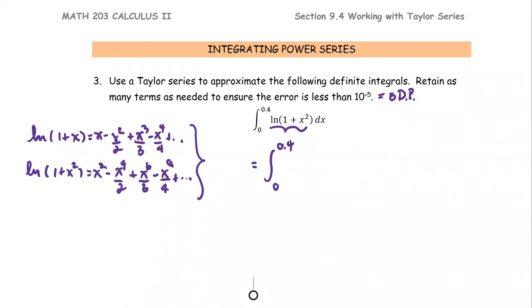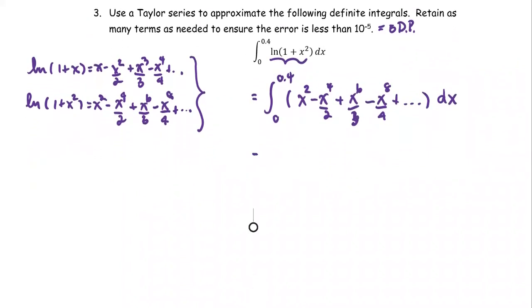So the integral from 0 to 0.4 of x squared minus x to the fourth over 2 plus x to the sixth over 3, minus x to the eighth over 4, and so forth, with respect to x. Now we are going to integrate term by term.